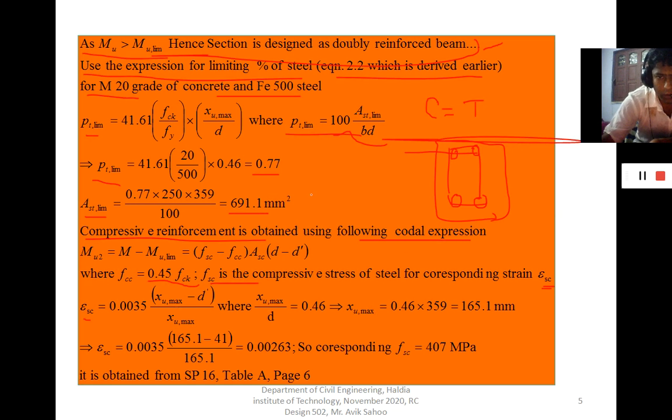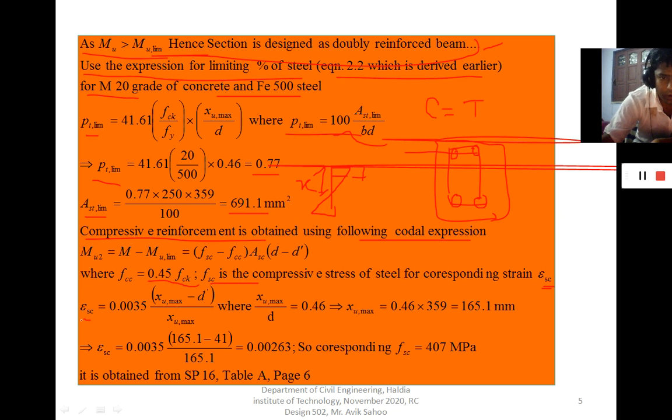We get this expression simply using the linear distribution of the strain diagram. This is epsilon sc, and this height is known, that is xu max.